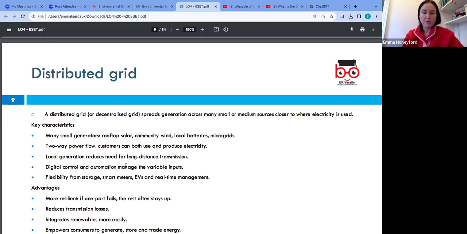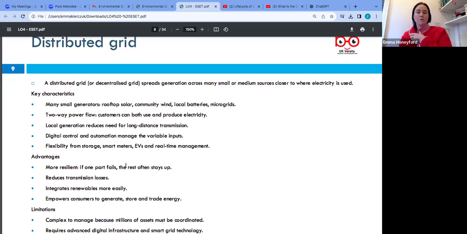So there's potential to have more control over this system. The advantages are that we're more resilient. If one part fails, the rest often stays up, in comparison to the central grid, where if something goes wrong, it impacts the whole chain. It also reduces transmission losses, so energy doesn't have to travel as far and you're not losing energy there.